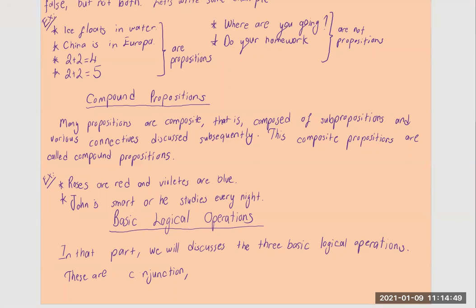Conjunction, we have to write AND, and disjunction, and negation. So we will talk about the conjunction and disjunction and negation. These are our basic logical operations.